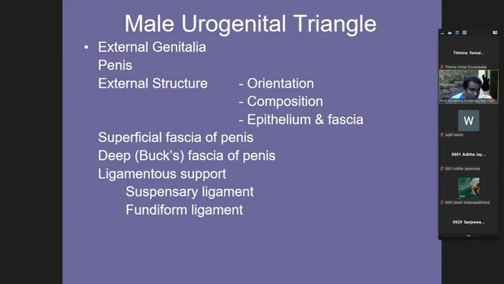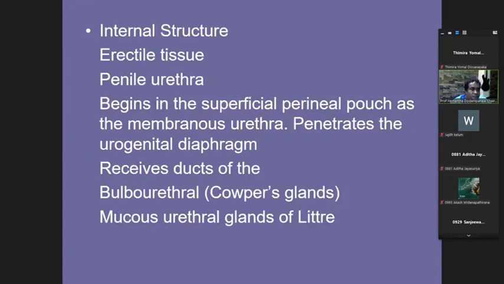Same things are embryologically modified in men. So if you look at the structure of the male penis, internally, you know, your erectile tissue and then the penile urethra begins at the superficial perineal pouch as a membranous urethra and penetrates into the urogenital diaphragm. And it receives the ducts of the bulbourethral glands and the mucous glands of Littre.